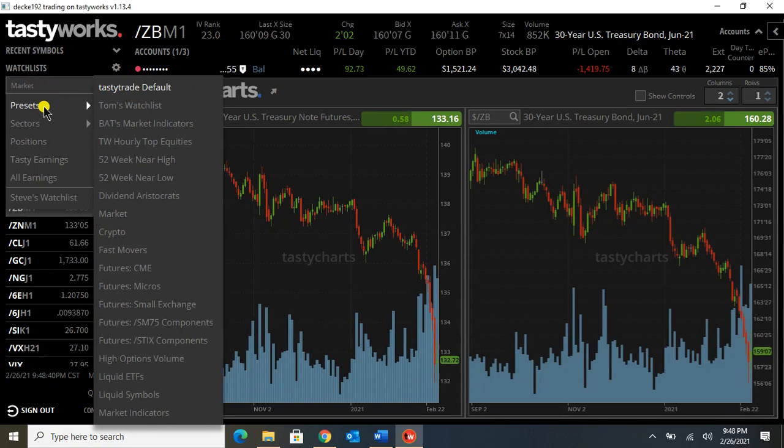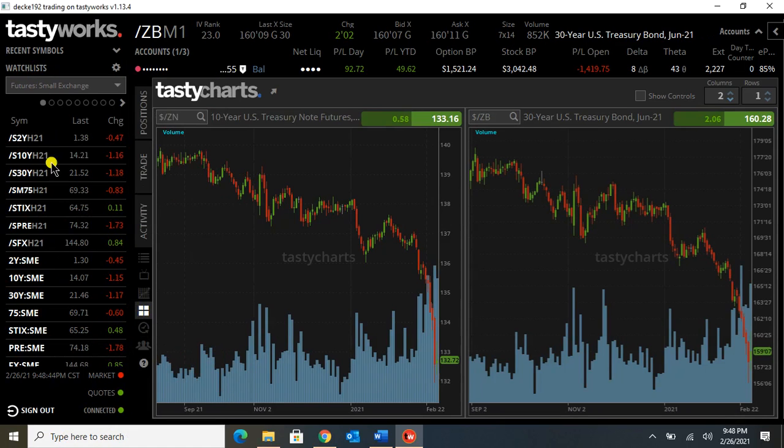I'm going to go to presets, and I'm going to scroll down to futures small exchange. Left hand side, all the small exchange futures will pop up. These are relatively new. At the top here we have the 3 yield products that they have right now. So we have S2Y, S10Y, and S30Y, and this is the 2-year, the 10-year, and the 30-year yield rate products.